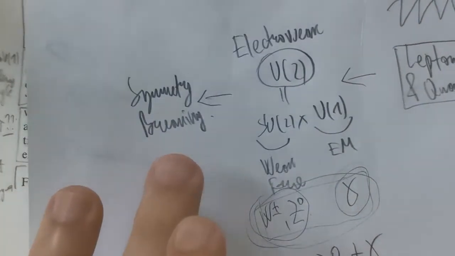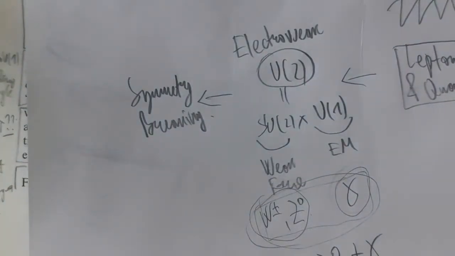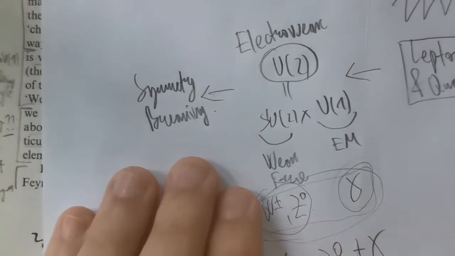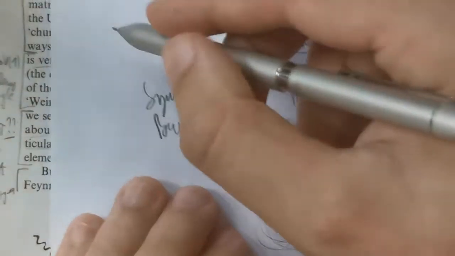And I think its roots lie in the possibility of grouping those 4 bosons into a Hermitian matrix.